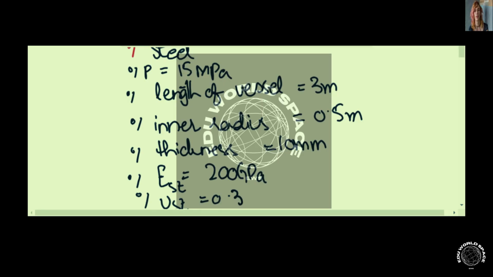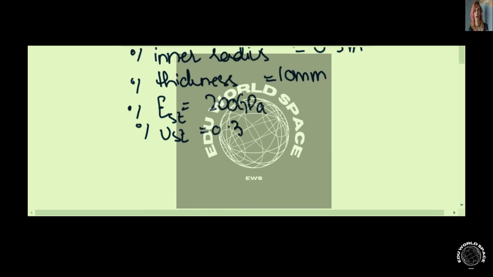So let's take a look at its solution. Now, it's a little bit lengthy but it's very simple, right? According to this question, we are dealing with a thin walled vessel, as we discussed above, right?